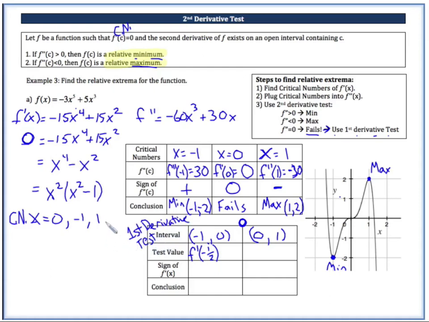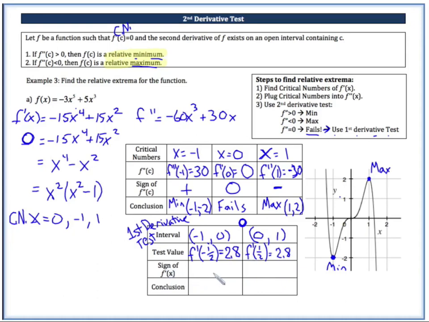So we'll plug into our first derivative, which was right here, and just type that into your calculator. You're going to come up with 2.8. And then for this interval, let's go ahead and test 1/2, and you're also going to get 2.8 here.